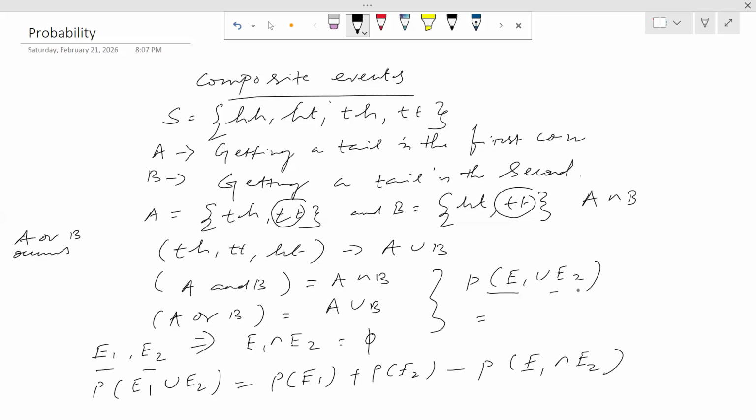In the earlier case they are just two events in the finite sample space, but in this case they are two mutually exclusive events. Then it will be probability of E1 plus probability of E2. Okay, very good.